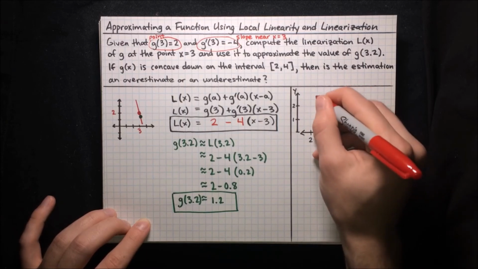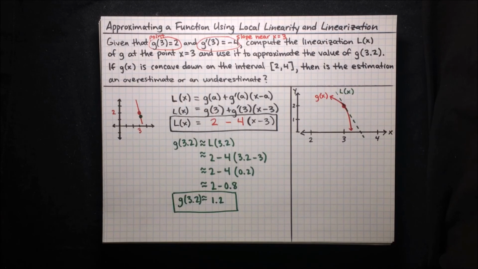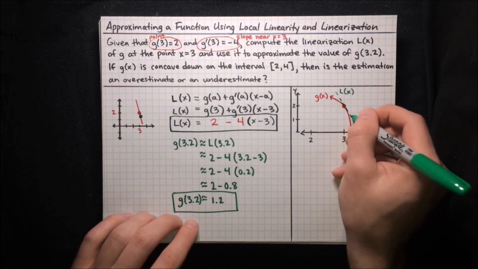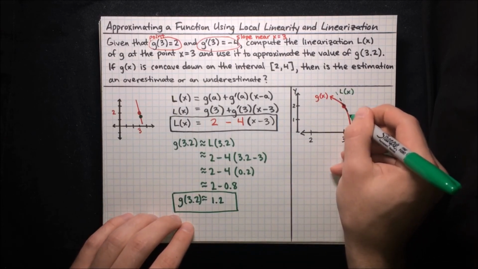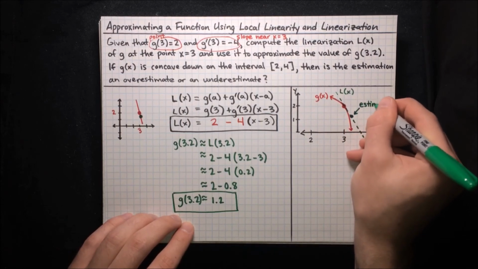Let's label that g of x. Okay, so if we want to determine whether the estimation is an overestimate or an underestimate, why don't we plot our estimation on this graph and compare with the actual value of the function. Our estimation at 3.2 is just 1.2. That corresponds to this point on the tangent line. This is the estimation.